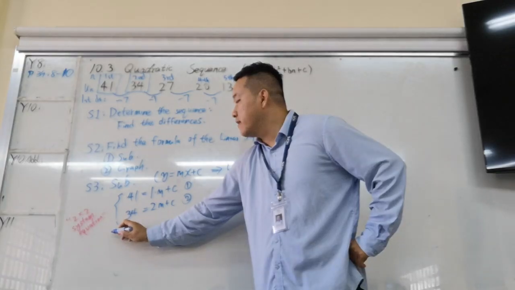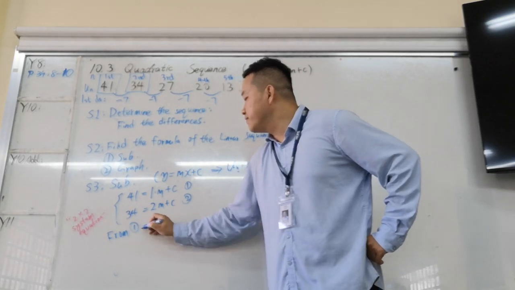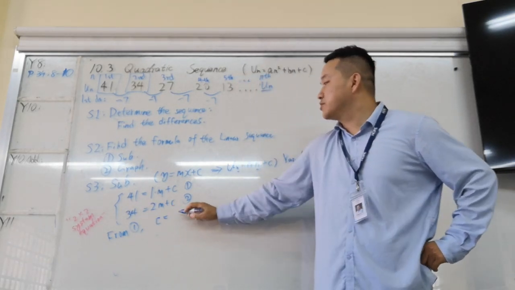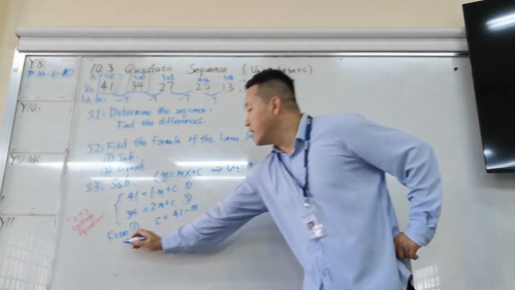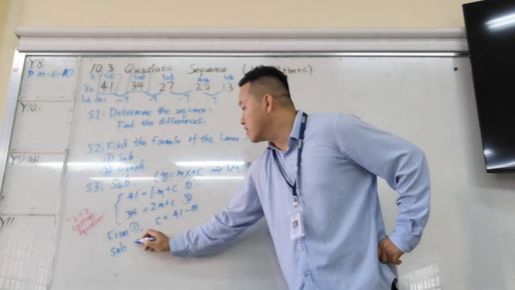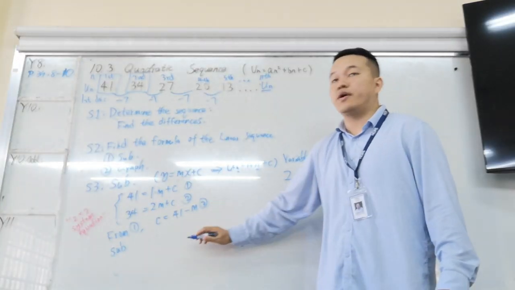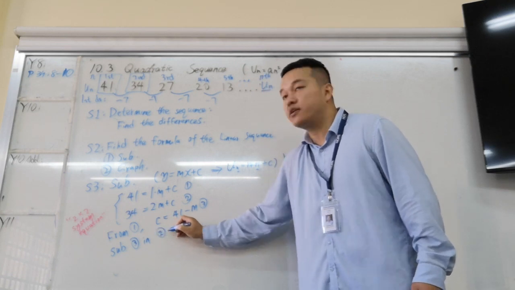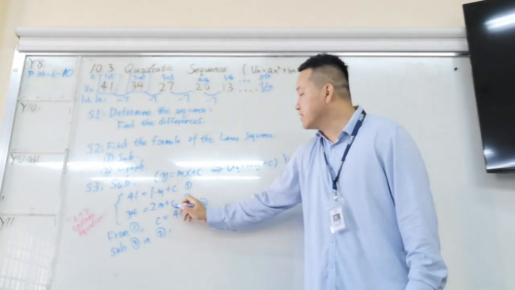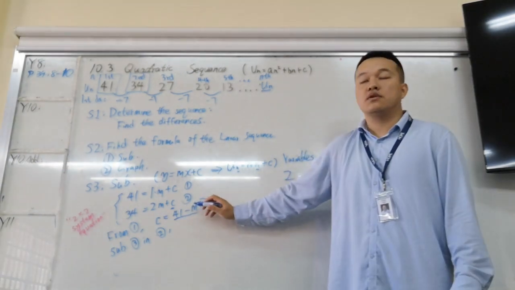So you can say from 1, you got c is equivalent to 41 minus m, right? Then you substitute. Let's give it number 3. Substitute 3 in equation 2, right? And you just replace the c with this expression.